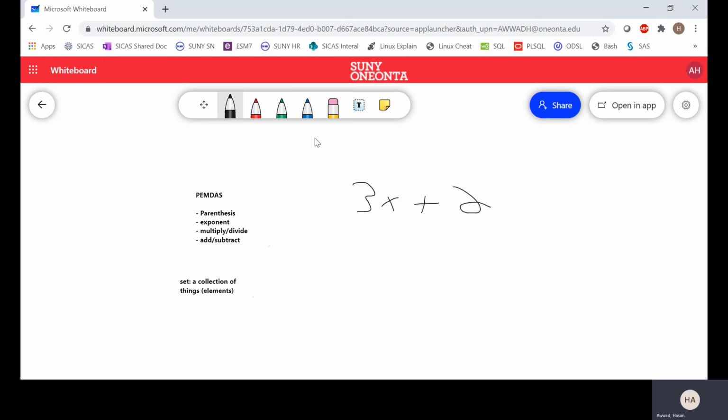So a term is going to be this guy, and then this guy. So we have 2 terms in what's called an expression. An expression is just going to be a combination of terms, kind of like a sentence is a combination of words, right?